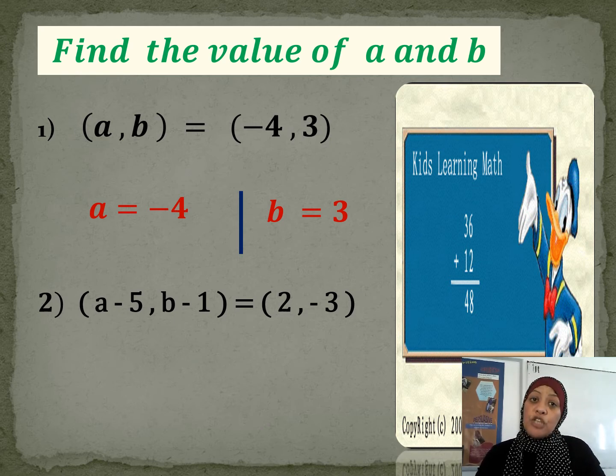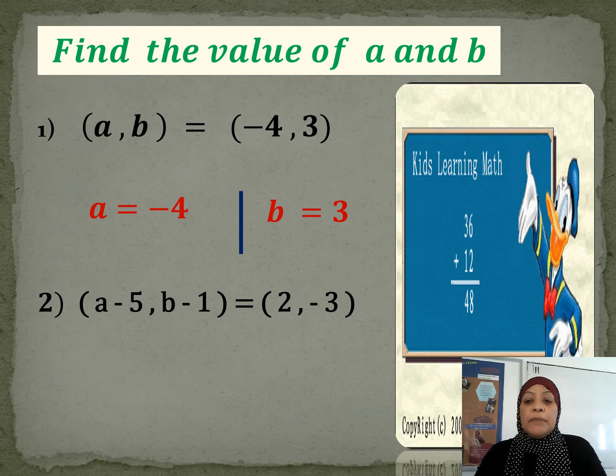What is the second projection? b minus 1. And this satisfies my condition of equal ordered pairs, so I'm going to use my relation: first projection equals first projection, second projection equals second projection.